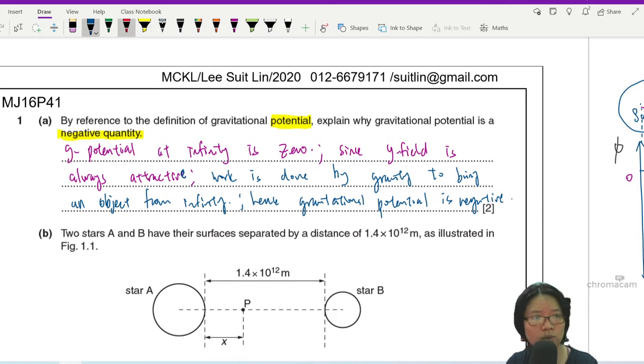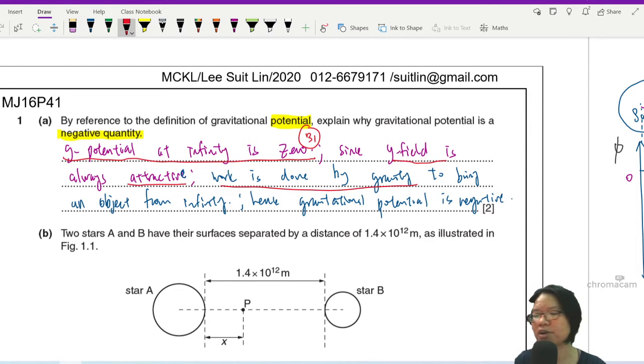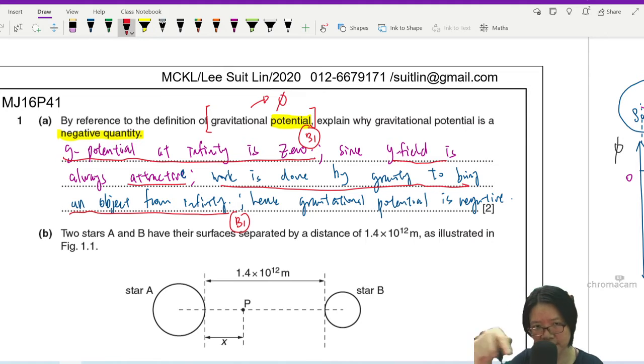Okay, keywords. Gravitational potential at infinity is defined as 0. Since gravitational field is attractive, work is done by gravity to bring an object from infinity. Because this is the definition of gravitational potential, the symbol is phi.